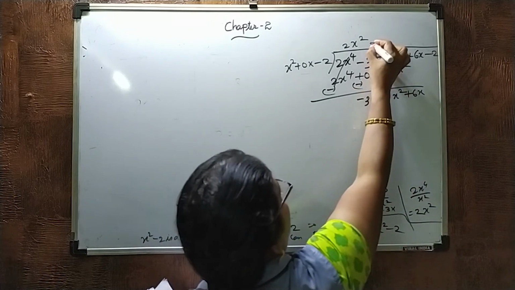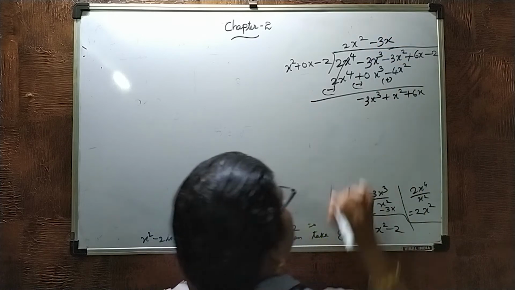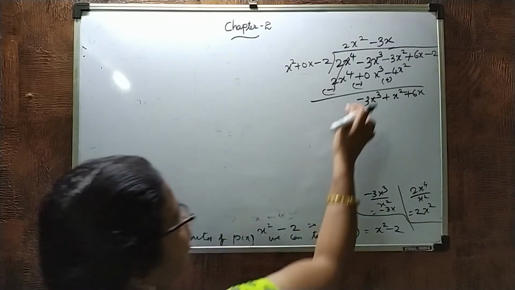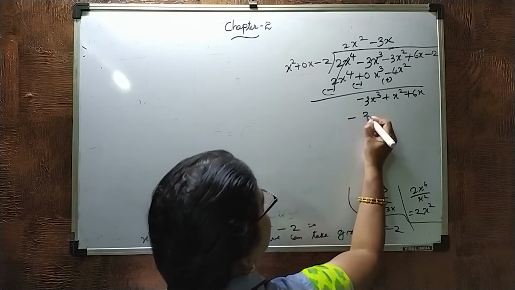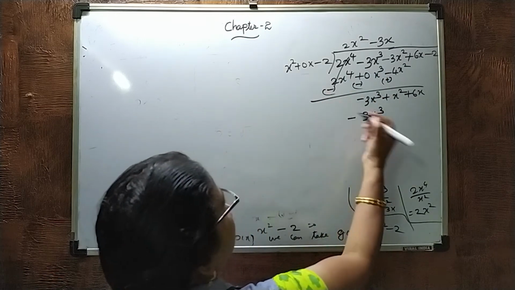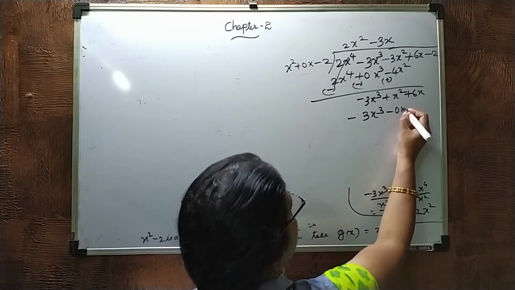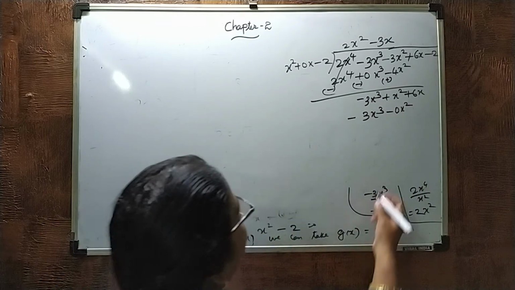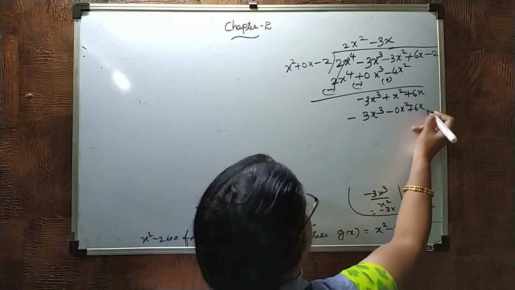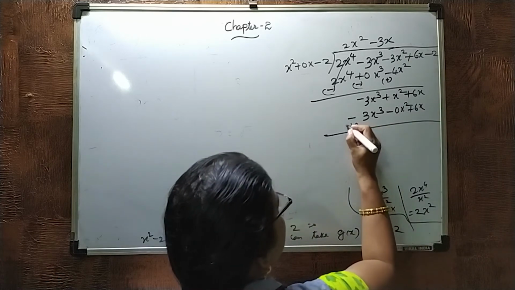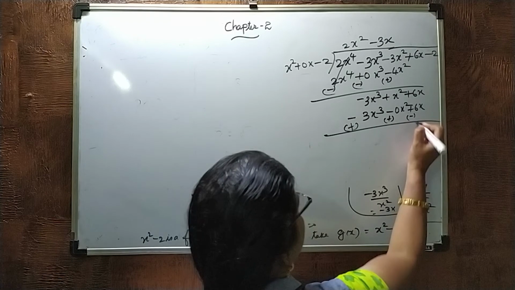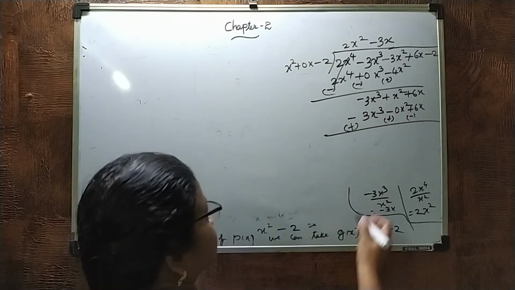So it will be negative 3x times x^2. Multiply negative 3 into x, it will be negative 3x^3, then 0, negative and positive, it will be 0x^2, and then plus 6x. Take the additive inverse. So you will get the answer.